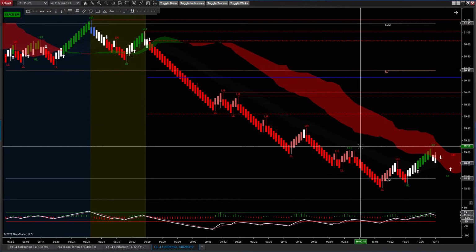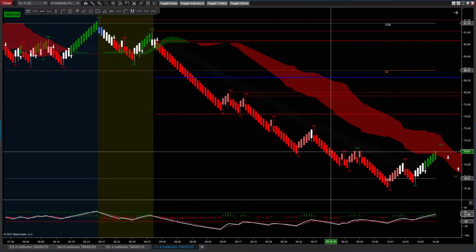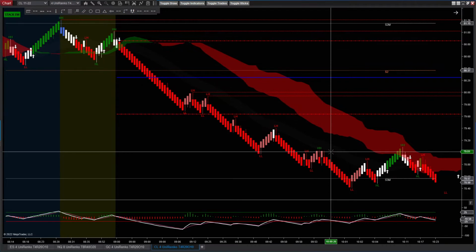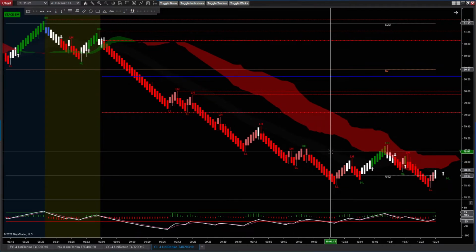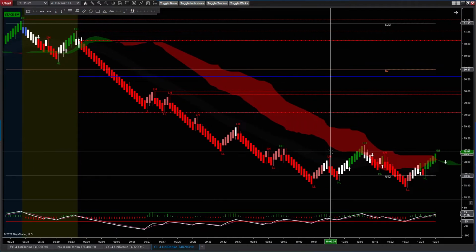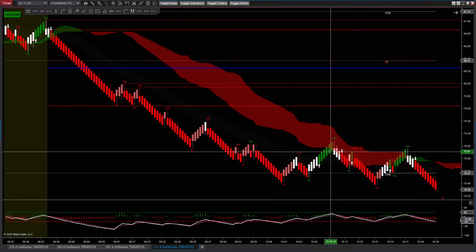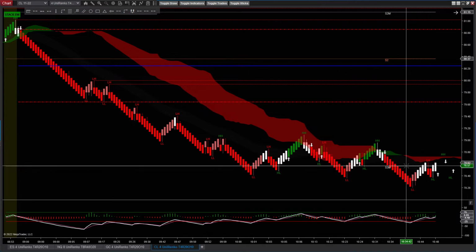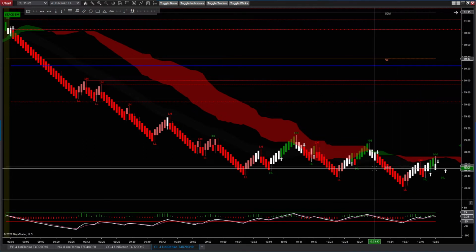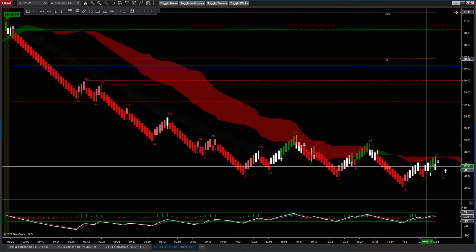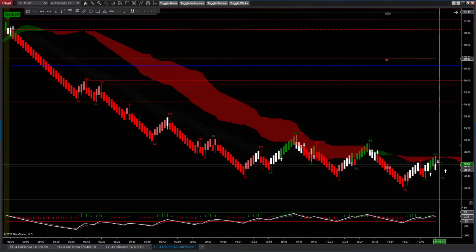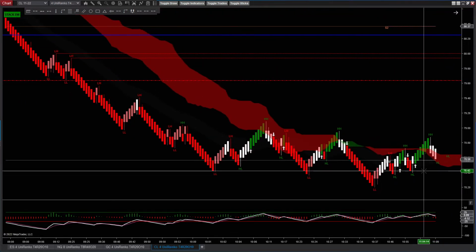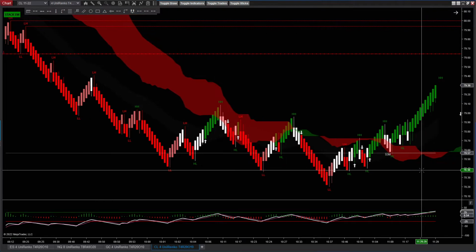Maybe no, it's a little bit too extended here. That one is closed, but it doesn't go out of the cloud. So the idea is that the price goes in the cloud and then out of the cloud. So market is consolidating heavily here.